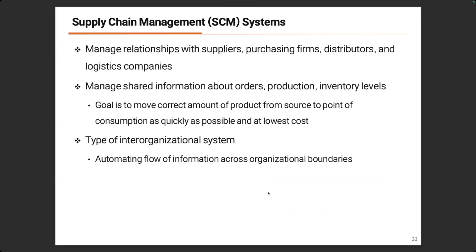So these supply chain management systems are one type of inter-organizational systems because they automate the flow of information across organizational boundaries. So for example, we have discussed the Retail Link system of Walmart in the previous lecture. So Retail Link is one of the examples of this kind of supply chain management system.